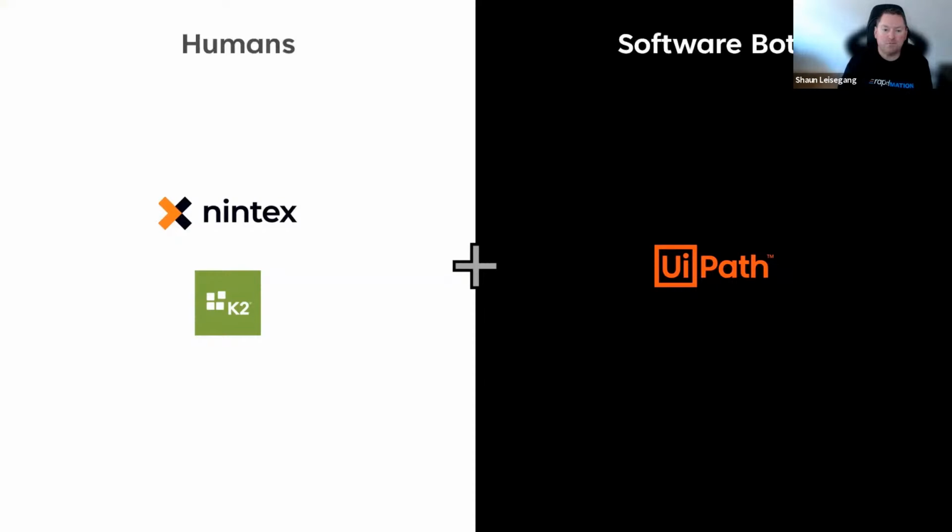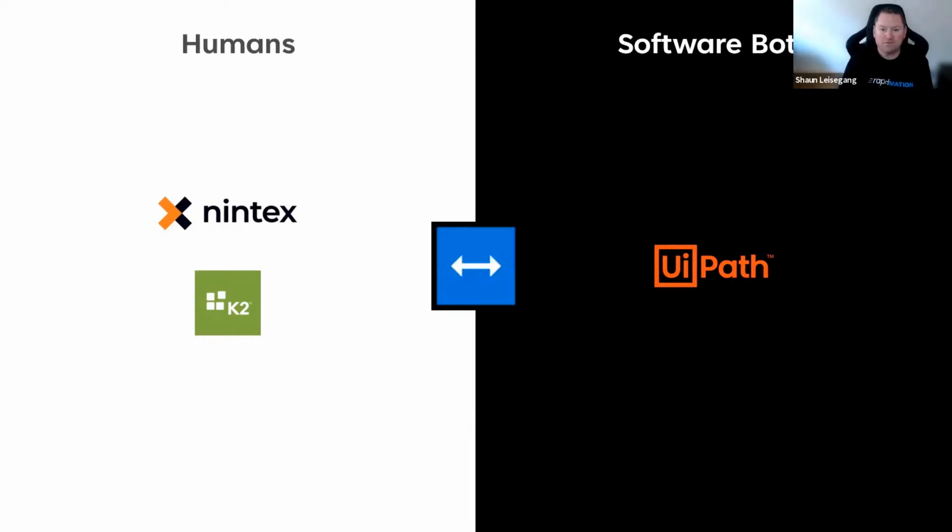So if you've not heard of them before, an easy way to break it down is if you want to route workflows between human users and do some very advanced human workflow routing, the Nintex and K2 platforms are great platforms to use in this space. And again, if we can combine that with the power of UiPath robotic process automation software bots, that allows us to put together a really great end-to-end intelligent automation process.